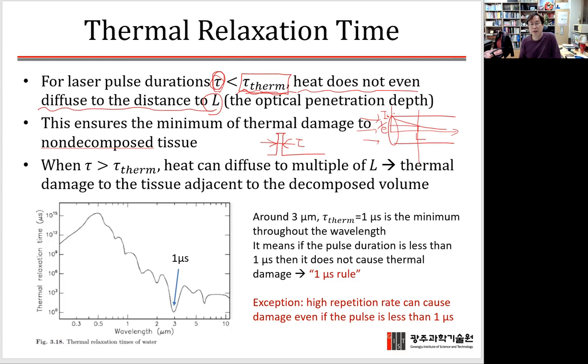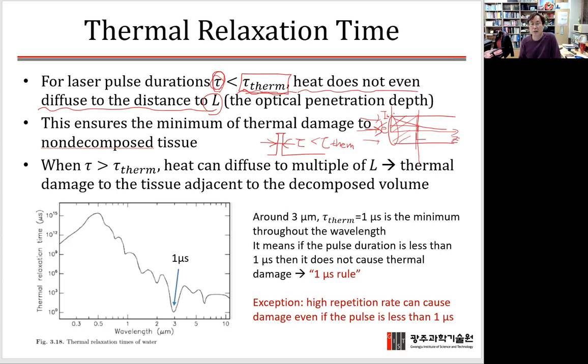But if the pulse duration tau is smaller than the thermal relaxation time of this tissue, that means the laser irradiated onto the tissue from here can penetrate to the depth of 1/α with relatively high intensity, so this tissue will start to generate heat, and that heat needs to be conducted in this direction.